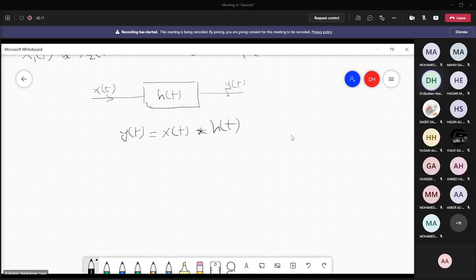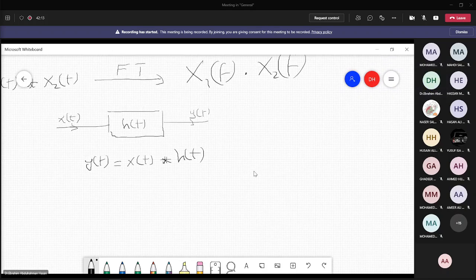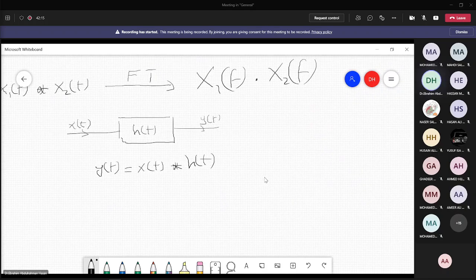But if you change it and work in the frequency domain, then y of f, which is the convolution of these two, becomes the multiplication of these two. So it is equal to x of f multiplied by h of f. Then it is very easy to calculate.